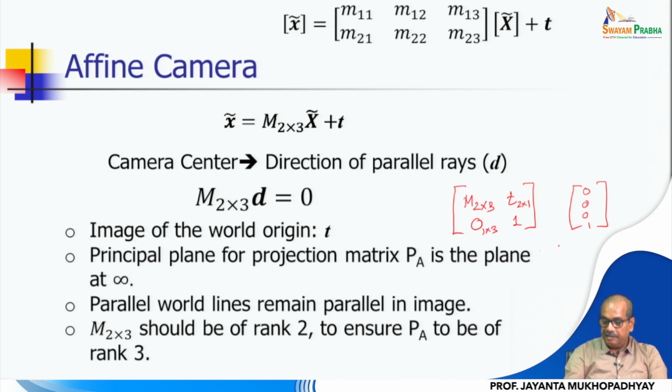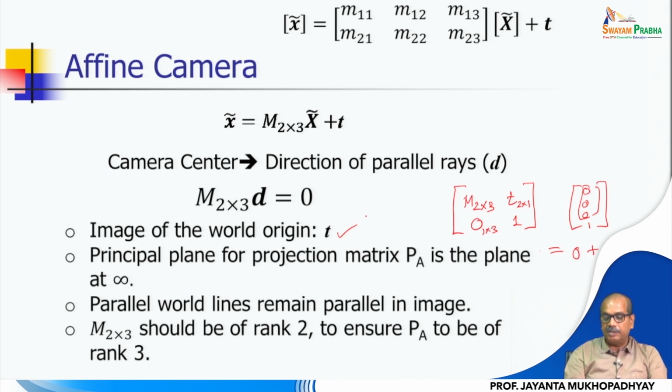So if I perform this computation, this M2 cross 3, which is 2 cross 3, and this one would be equal to 0 plus T2 cross 1, which is T itself. So that is why the image of the origin is T.